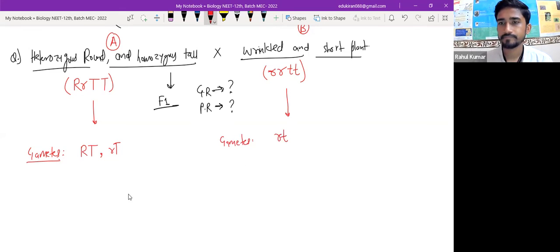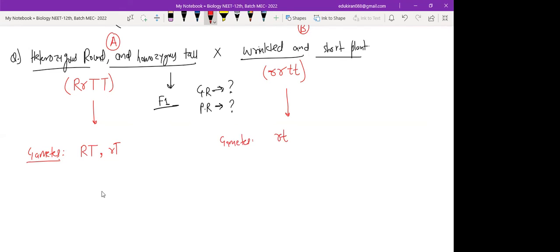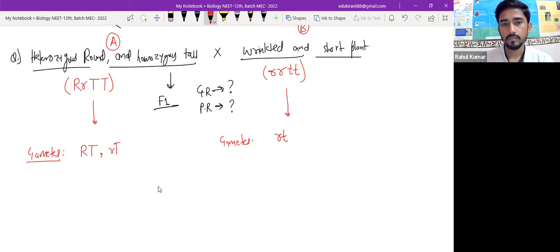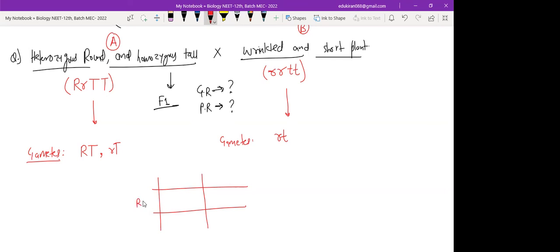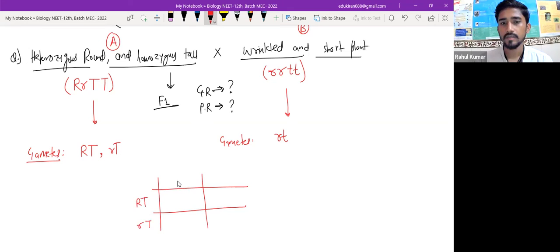Yes. So if you make a cross, what will you do? Trick question. You just have to make, because one gamete is capital R, capital T, small t. Here it's small r, small t. The other gamete will also be small r, small t, just for the sake of completing the square.